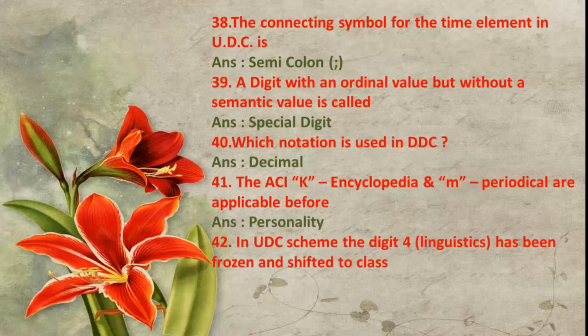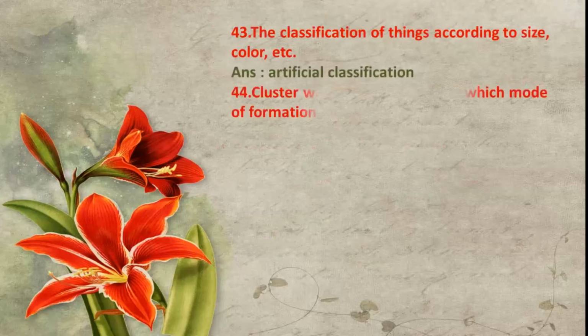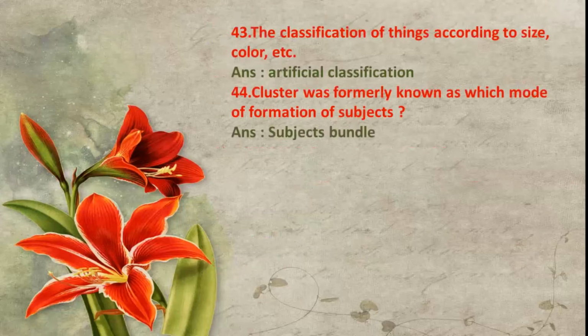In the UDC scheme, the digit 4, linguistic, has been frozen and shifted to class number 5. The classification of things according to size, color, etc. is artificial classification. Cluster was formerly known as which mode of formation of subjects?